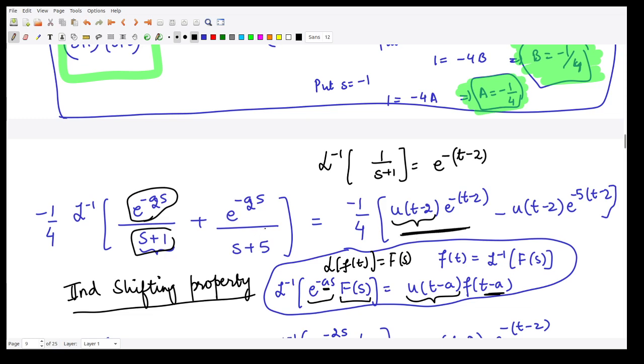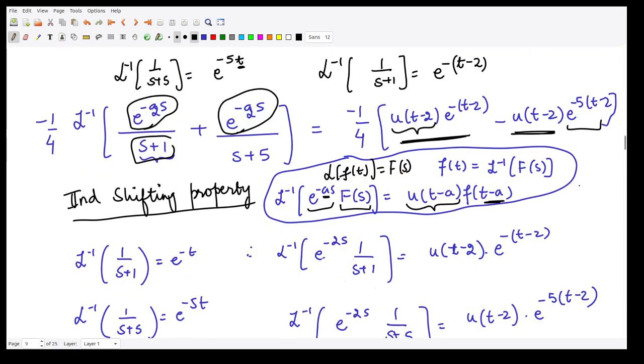And similarly for the second expression, we know the inverse Laplace transform of 1 by s plus 5 is equal to e to the power minus 5t. So instead of writing this t here, because of the presence of this term, using this second shifting property, we obtain the unit step function displaced by 2 units and then e to the power minus 5 times t minus 2.